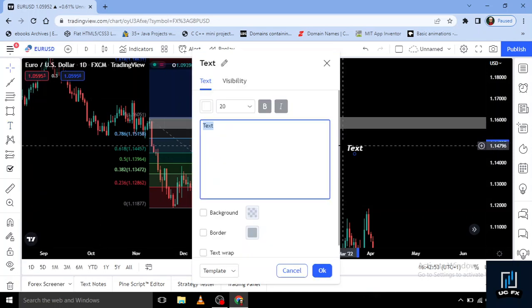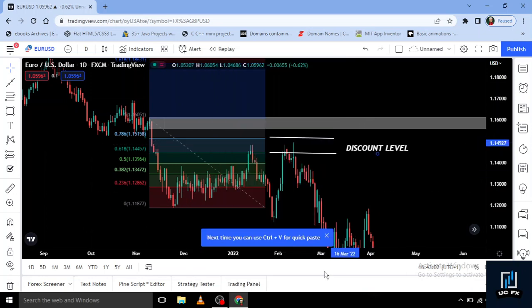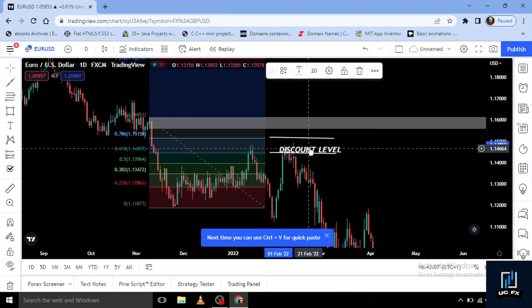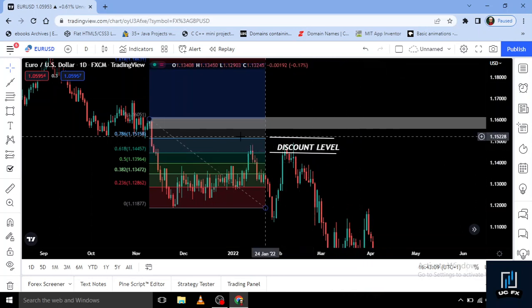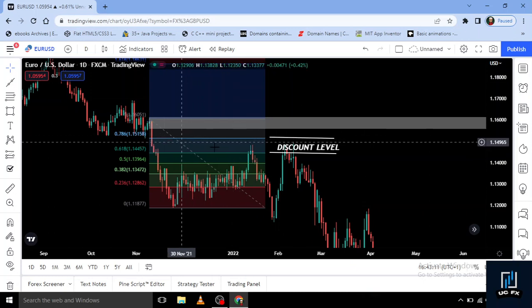We call it discount level. Here is our discount level. So these are places you will be looking for entries.